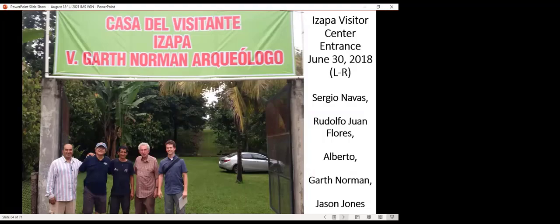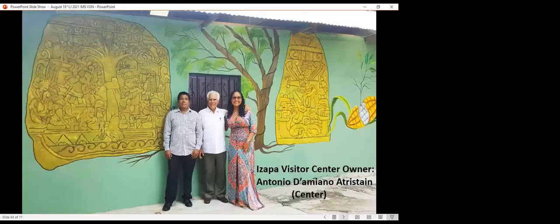The visitor center at Zapa in this plaza. I partnered with the owner to build this abandoned house into a visitors center.